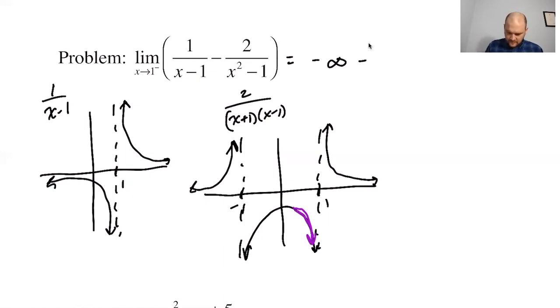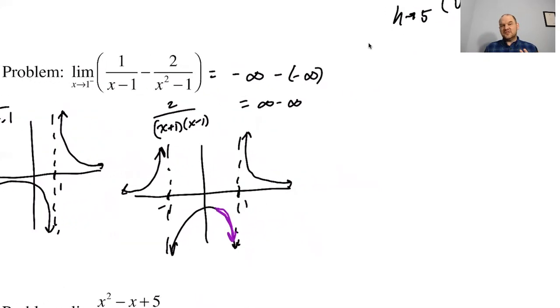So negative infinity. What we're getting here is infinity minus infinity, which, if you remember, is one of those pseudo-indeterminate forms, and you can usually turn them into an indeterminate form. The way you deal with this particular one is you get a common denominator.